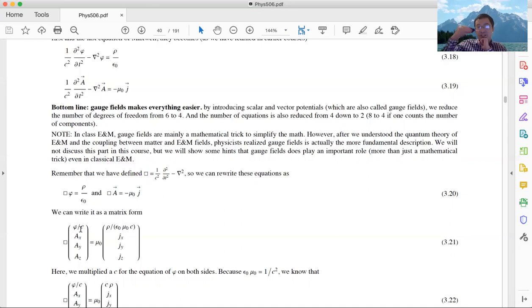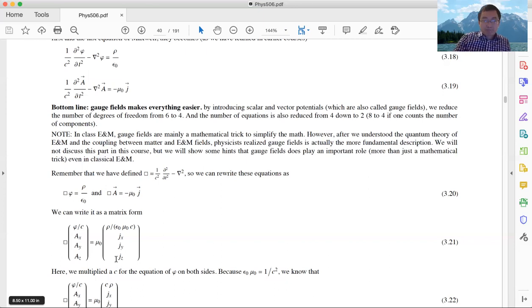First of all, you can check the units of the scalar and vector potential: in SI units, by dividing by c, these 4 objects now have the same unit. The same is true for the charge density and current density. It makes the units consistent, and all 4 equations have the same unit now.